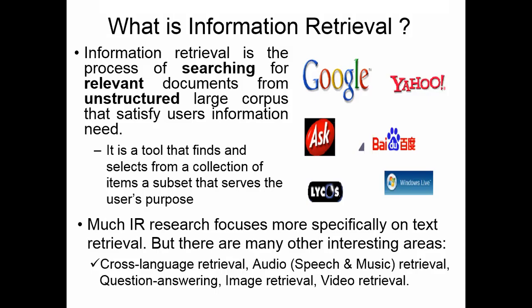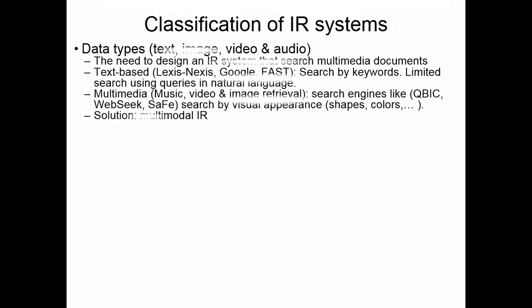As a result, how can I search? So nowadays, information retrieval has many research areas, even language-wise. How many languages are there in this world? Almost more than 6,000 languages. What about in our country? Again, more than 18 languages.